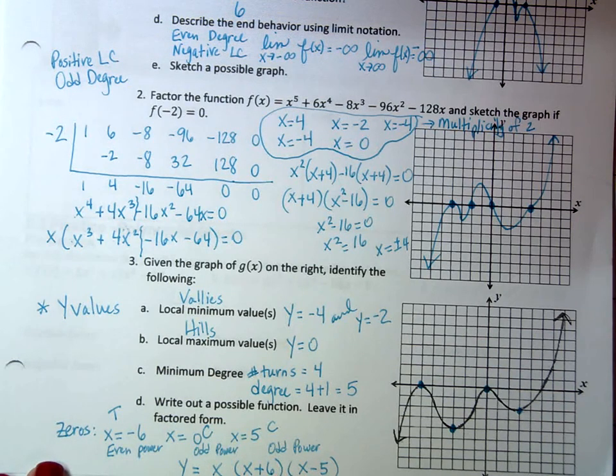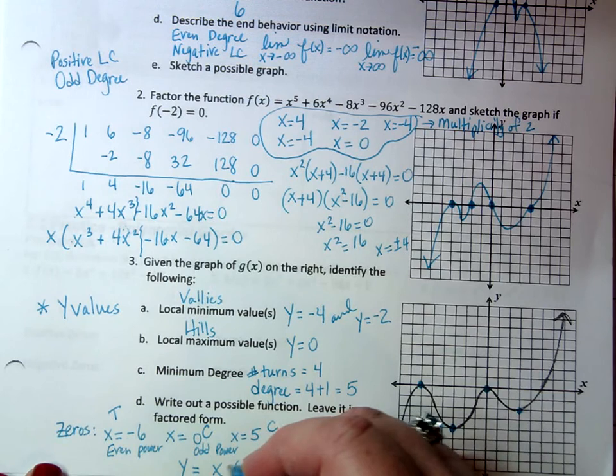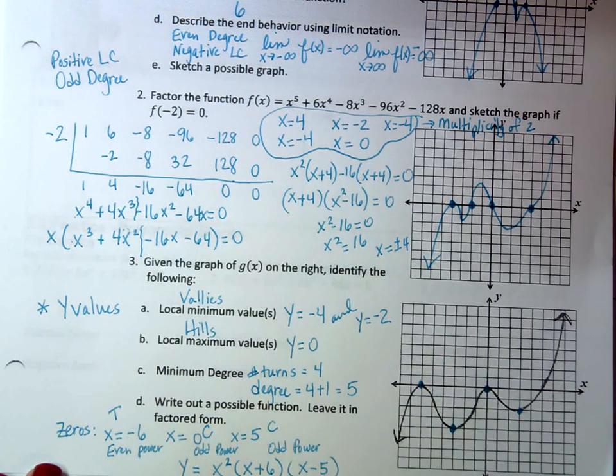So, if I'm looking at this, I have to have an odd power for this, an odd power for this, and an even power for this. So I can make this x a square. I'm picking, I don't care, it doesn't matter, it just has to be even. This guy has to be odd.